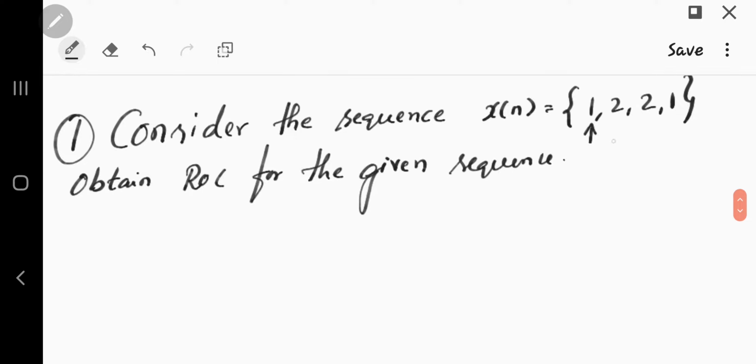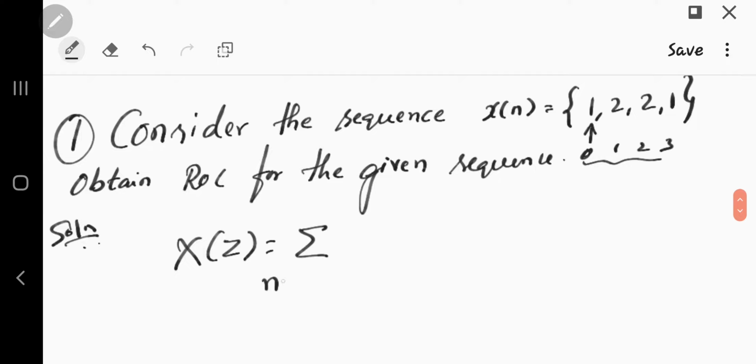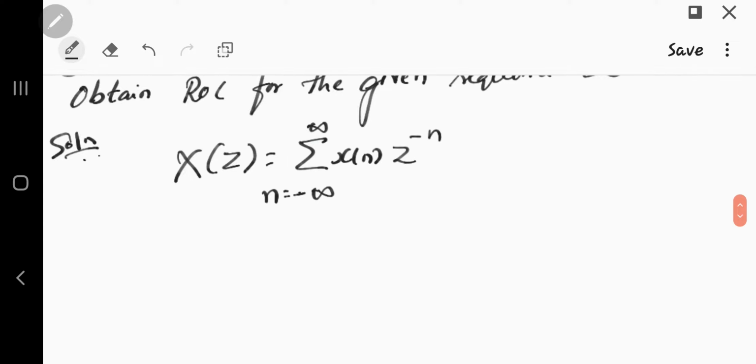Now looking at the signal, we have the origin here, and the signal is from 0, 1, 2, 3. So we can say it is a positive time sequence. So let's find out. X of z is equal to, from the definition of the Z transform, the sum of x of n z to the power of minus n.